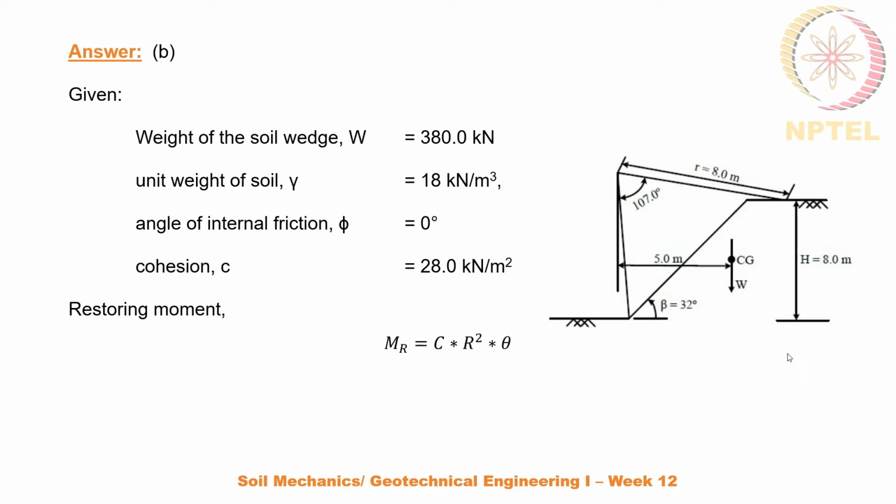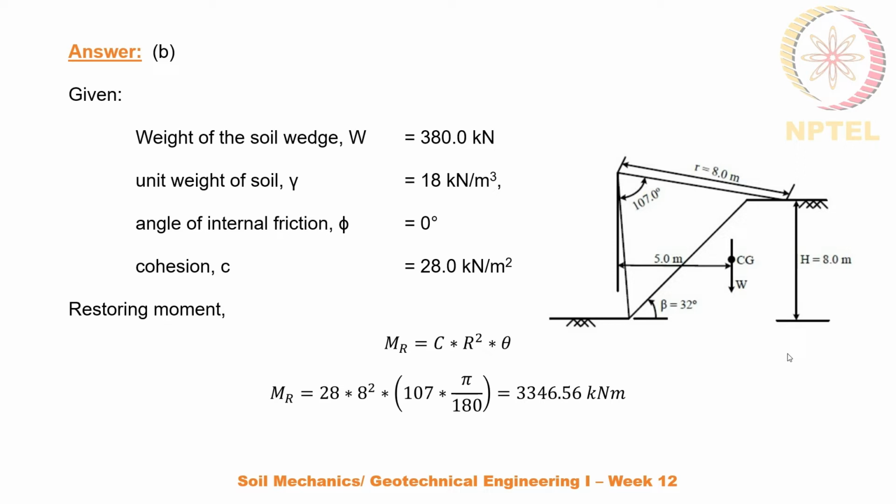So, restoring moment equation is given as Mr. Restoring moment Mr is equal to c r square theta. So, C is the cohesion, which is given as 28 kilonewton per meter square. Now, R is the radius, that is given as 8 meter in the figure. Then theta, it is given in the figure as 107 degrees.